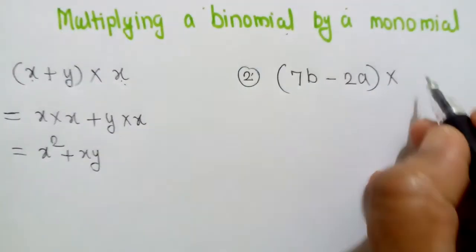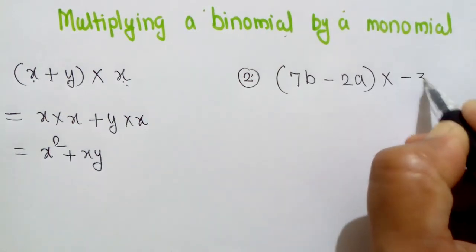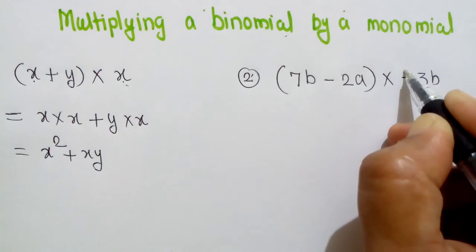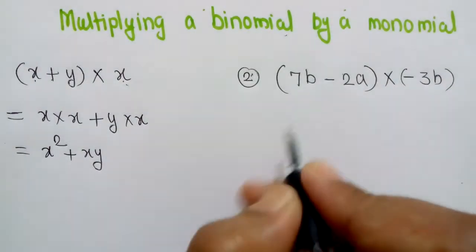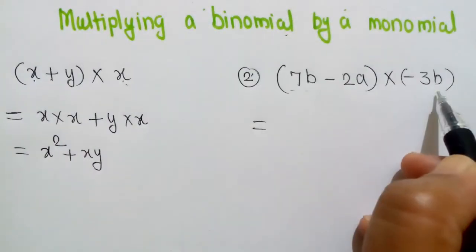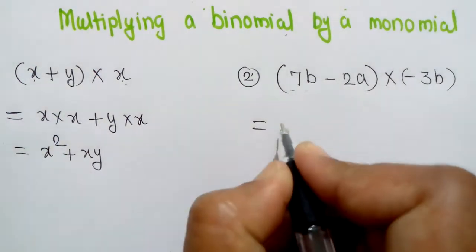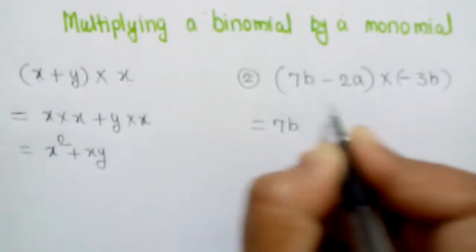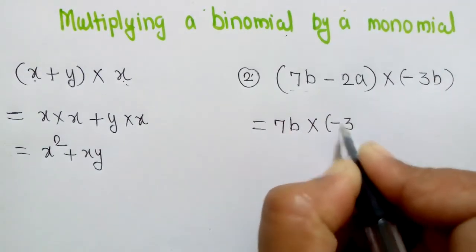7b minus 2a multiplied by negative 3b. I will give a bracket to this term also because a negative sign is there. Now we have to multiply the first term by this 3b, then the second term again by this 3b. See, 7b is the first term multiplied by negative 3b.